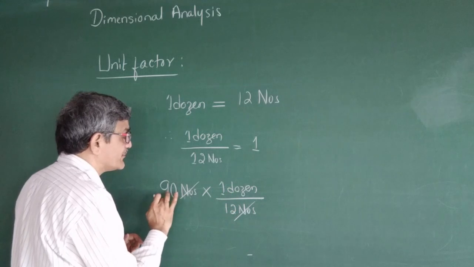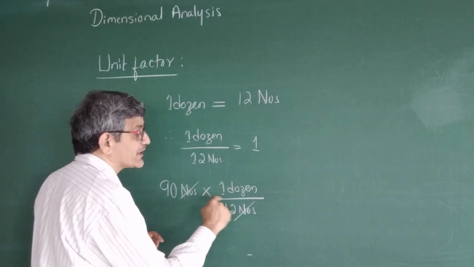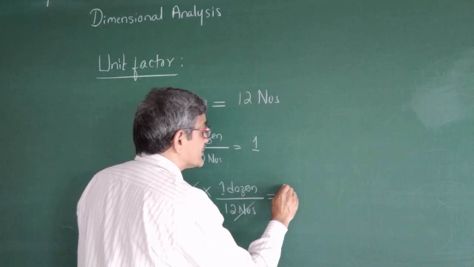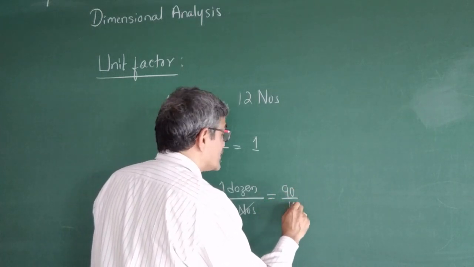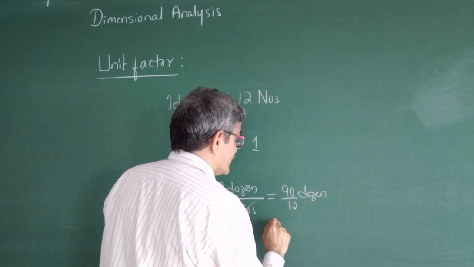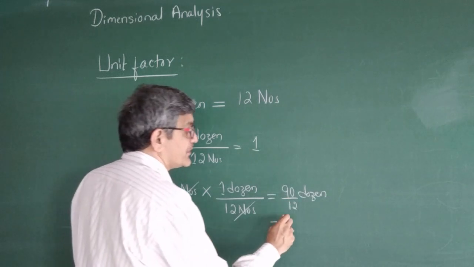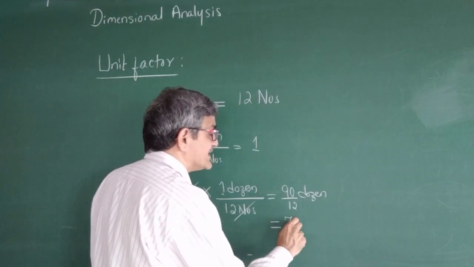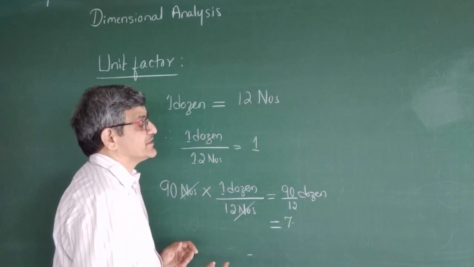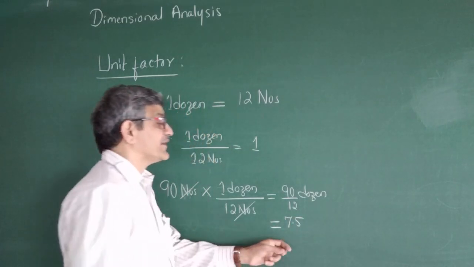Then what is left now? 90 by 12 into 1 dozen. Now whatever answer we are getting is in dozens. That is nothing but 90 divided by 12 dozen. So 90 divided by 12. 12 sevens are 84, 6 are 12, fives are. So 7.5 dozen.